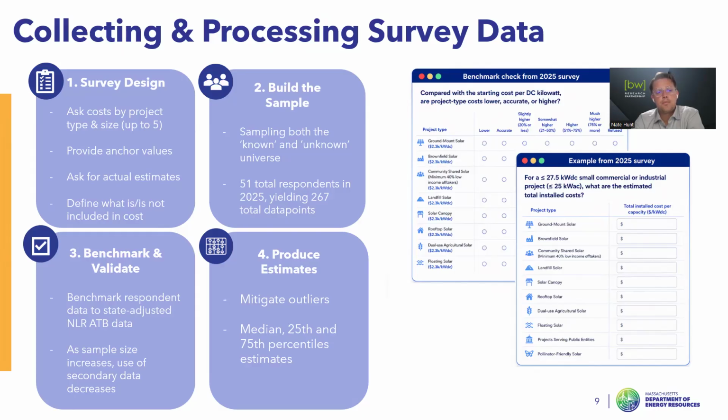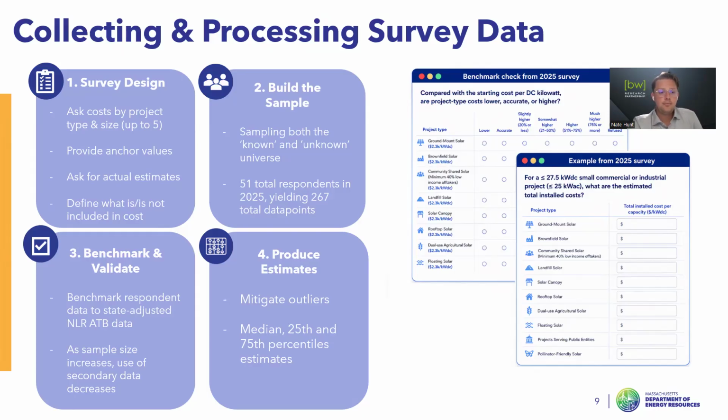So some basics about the survey design. We ask for the specific costs by project type and project size. Given that there's a lot of combinations across those categories, we ask that respondents produce up to five. If you want to go over that, you're more than welcome to. I don't think the survey will really max you out, but we realize that five is probably enough of an ask.